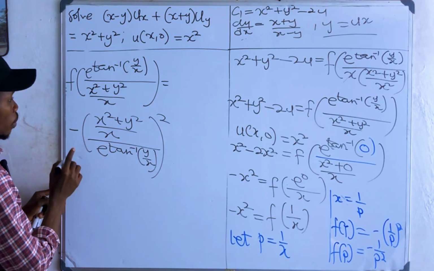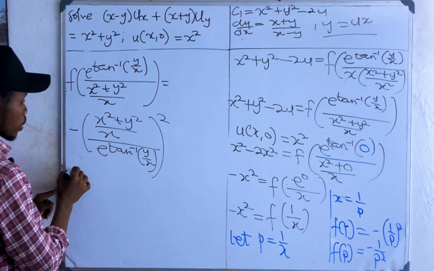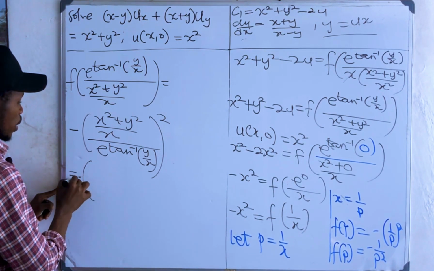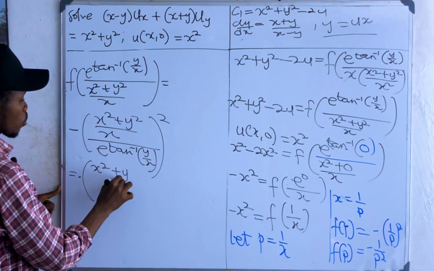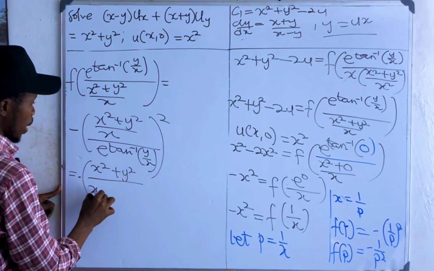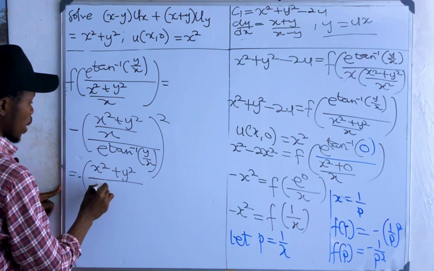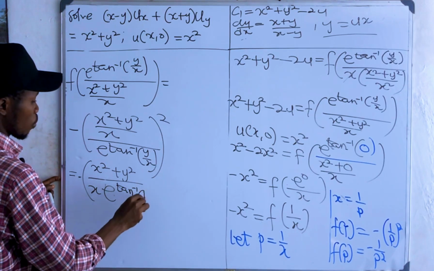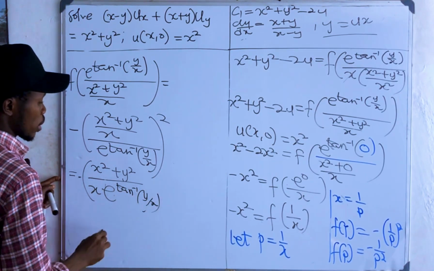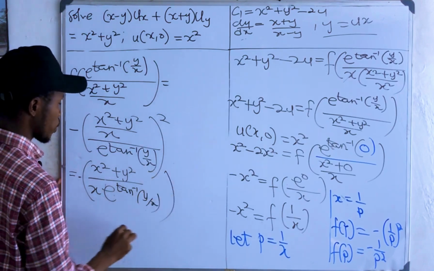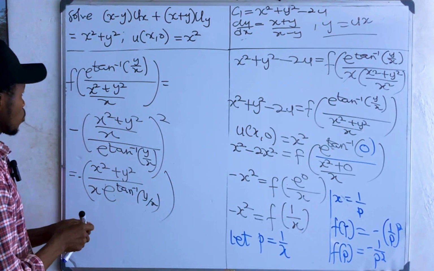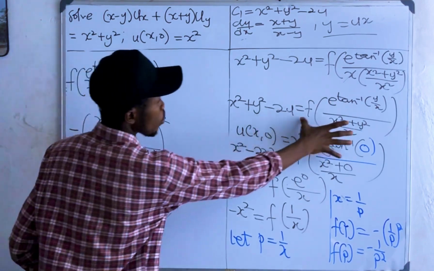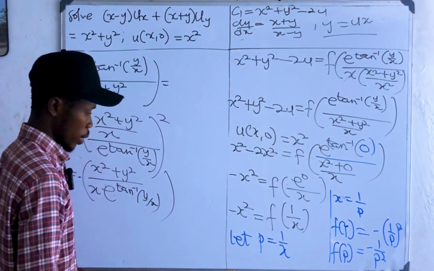So what you are going to have here is negative x squared plus y squared all divided by x, times e to the power tan inverse of y over x. So this is what you have. Is that okay? So we are able to find f. We are going to put the whole of this in place of this, so that we get our final answer.